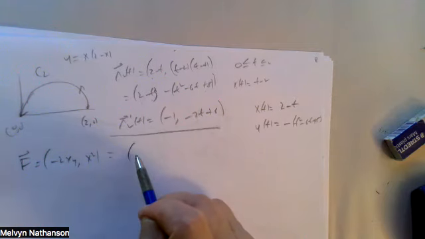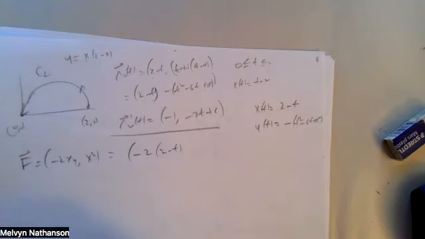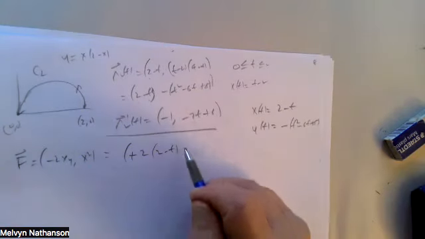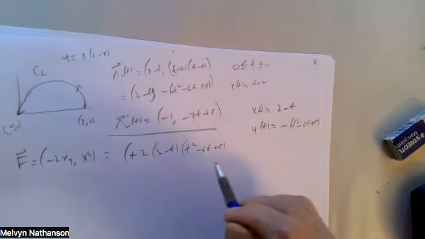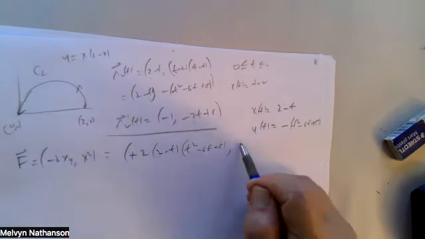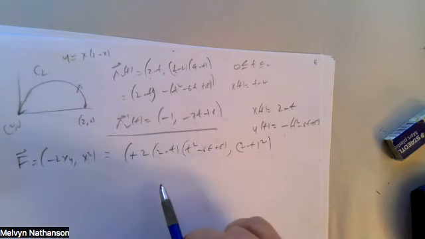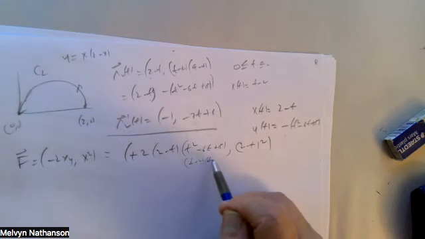So this is minus 2 times x, 2 minus t, times y, which is minus, makes this plus, t squared minus 6t plus 8, comma x squared, 2 minus t squared. And therefore, this is t minus 2, t minus 4.